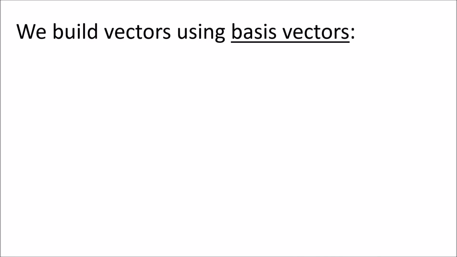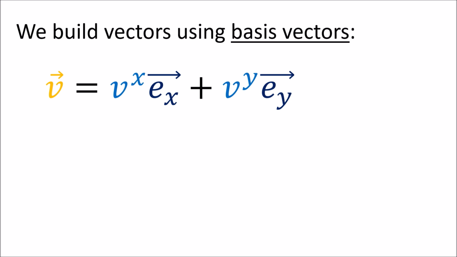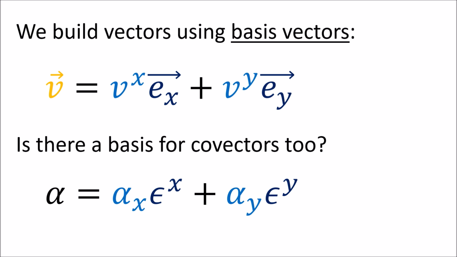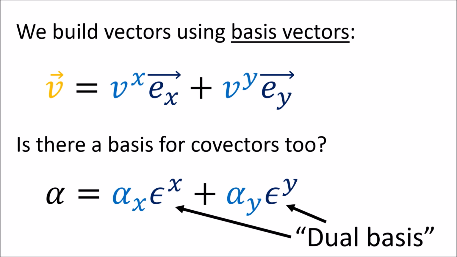So given that we build vectors using basis vectors, scaled and added in linear combination, you might wonder if there's a basis for covectors as well. And it turns out that there is. We call a basis for covectors the dual basis, and we write it using the Greek letter epsilon.